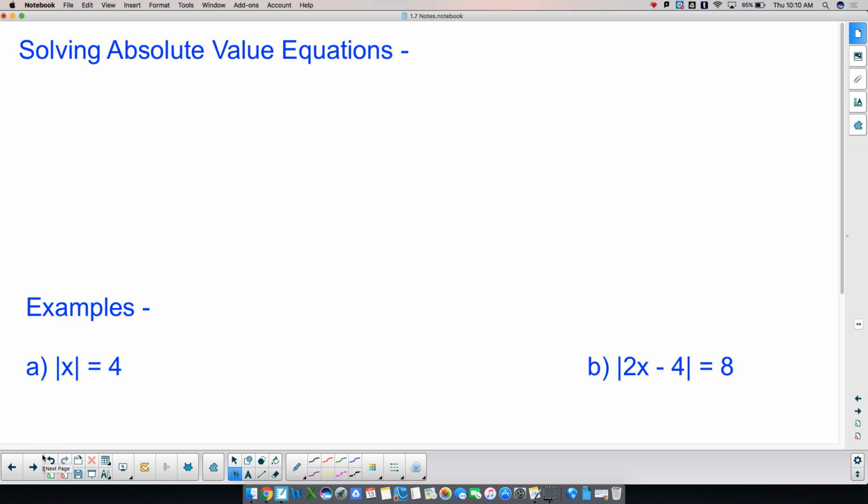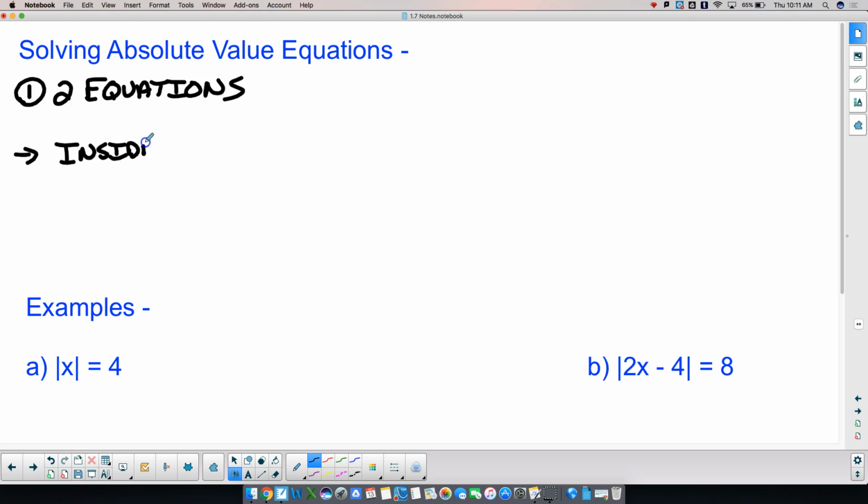Solving absolute value equations. The first thing that you are going to do is make two equations. The first equation is going to be the inside of the absolute value equal to the other side.